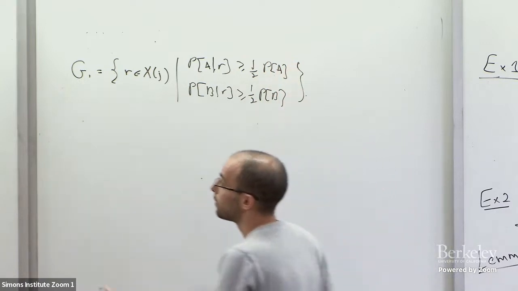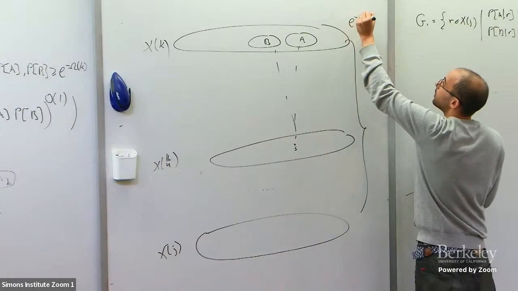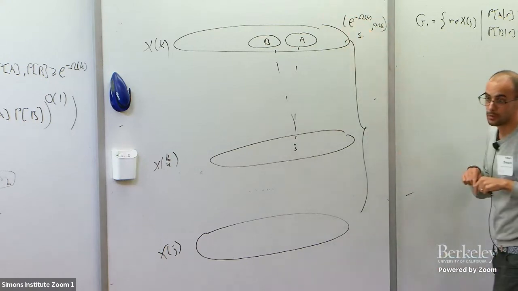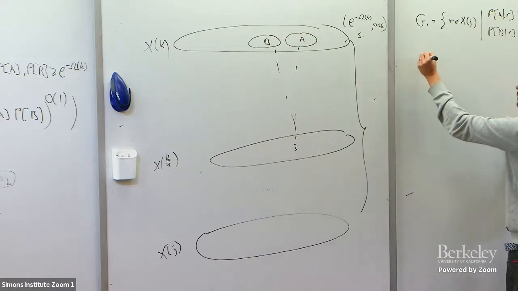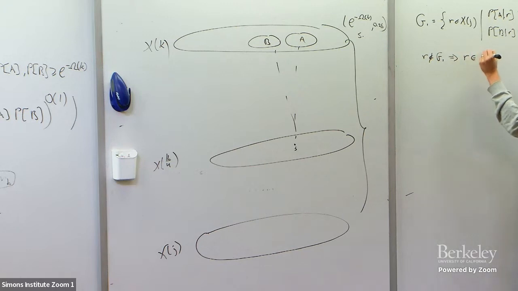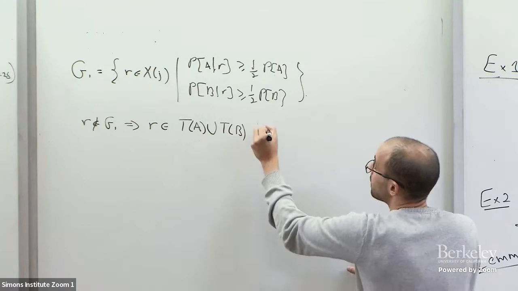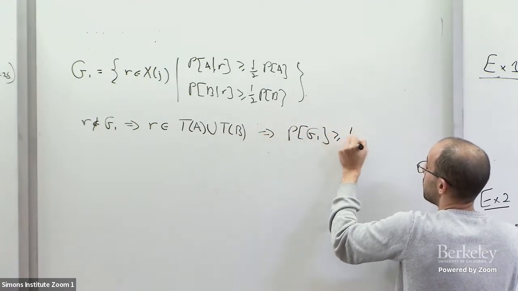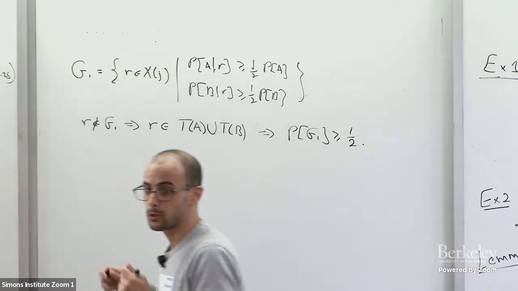Because we know that this graph is an e to the omega k^0.25 sampler, and because we know that A and B are large enough, if R is not in G1, this means that R is either in the bad set of A or the bad set of B, which means that G1 has relative size at least a half. So for the first R vertices, half of them are good.